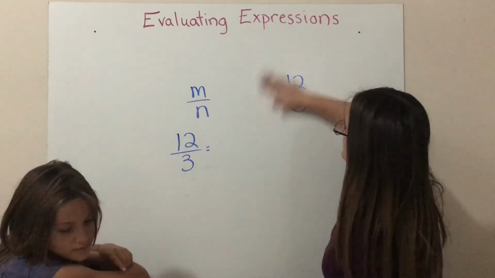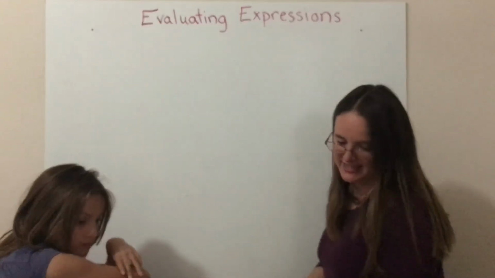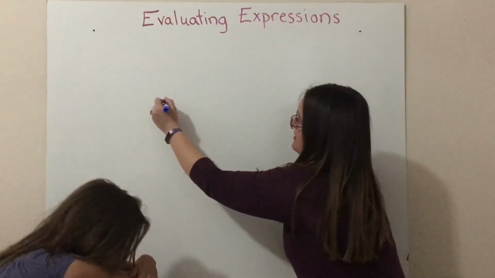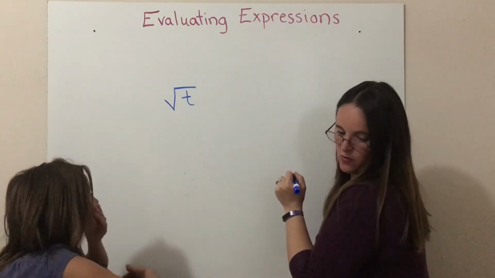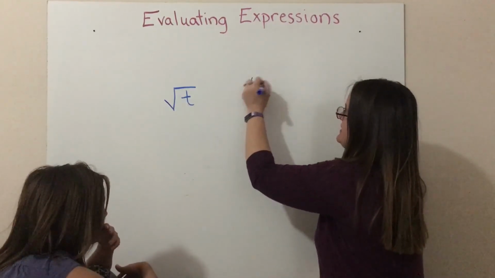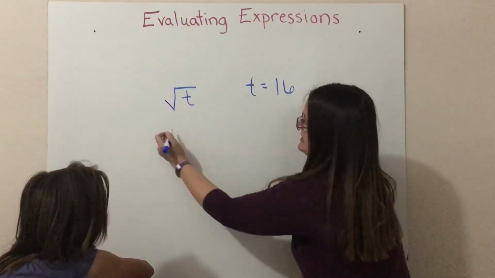Okay, our final lesson practice problem is G, and it says find the value of the square root of t when t is equal to 16. So we're going to substitute 16 in here for t.